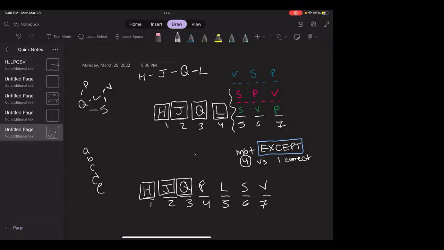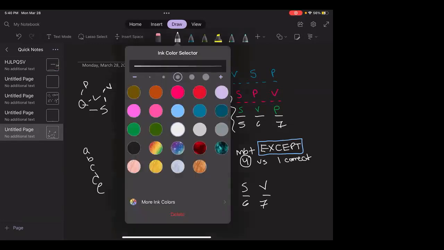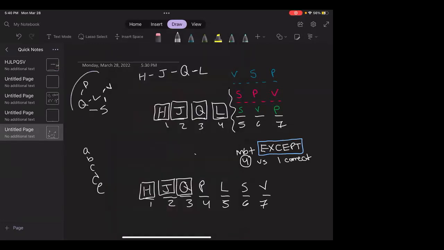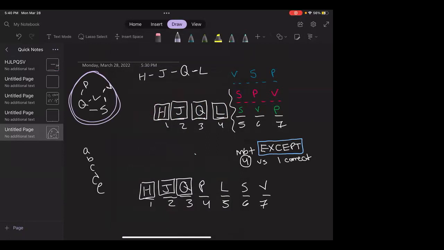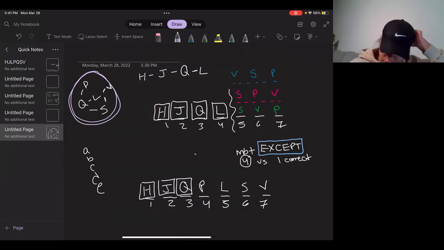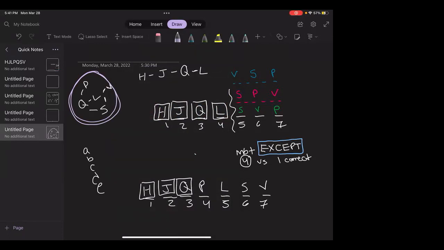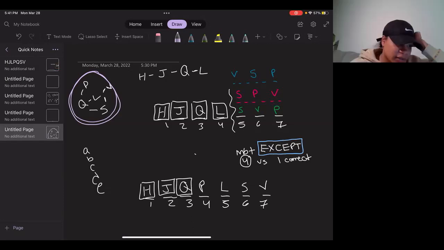The reason why is because, do you see how P and L, looking at this here in purple that I'm circling, do you see how P and L aren't connected, but rather they come each after Q? L comes after Q. In number 5, it's saying Q is more popular than L, right?